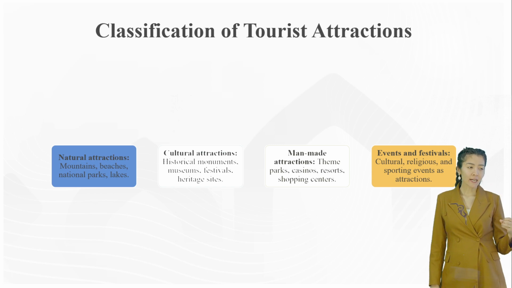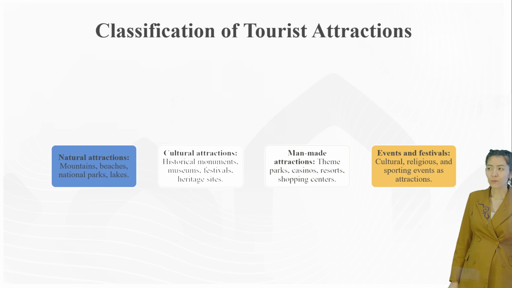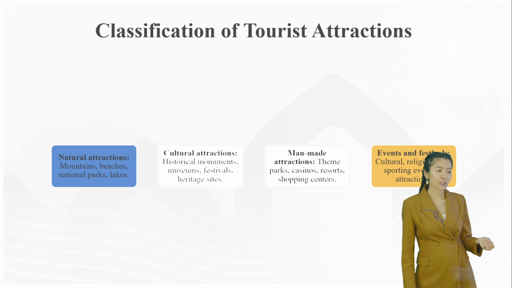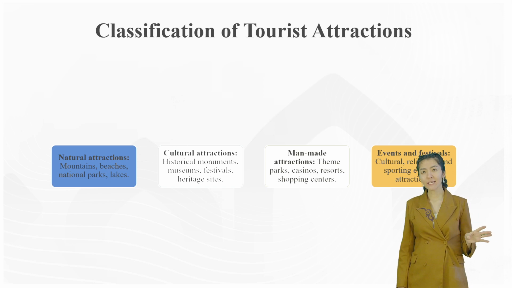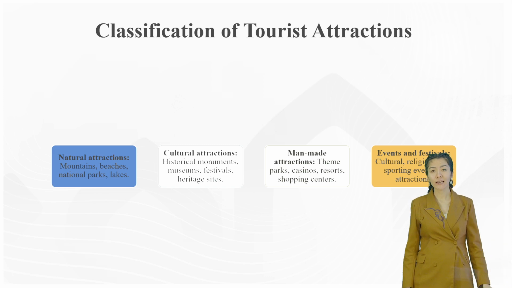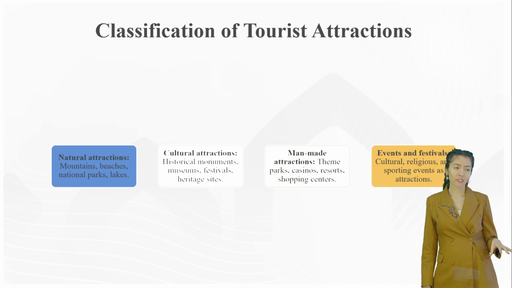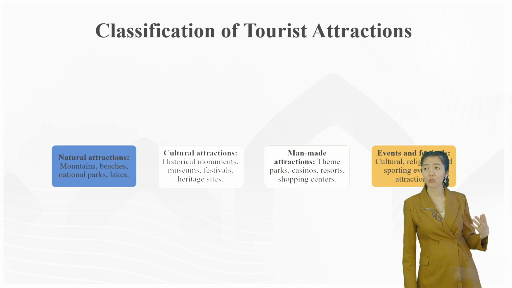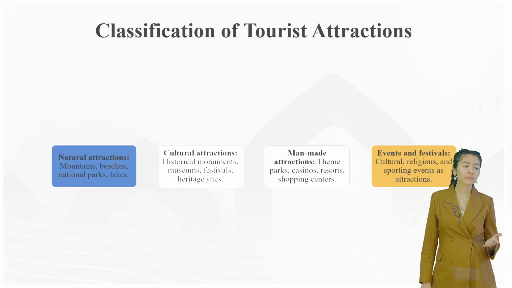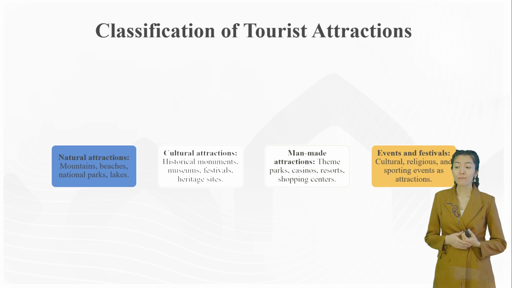Classification of tourist attractions can be divided, for example, into natural attractions. It includes mountains, natural resources, beaches, national parks, or lakes. Secondly, cultural attractions. It includes historical monuments, museums, festivals, heritage sites. Third is man-made attractions.